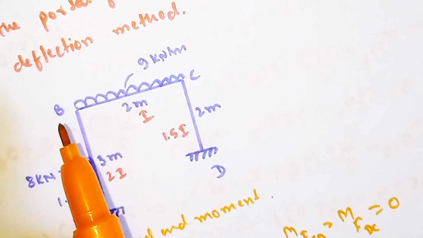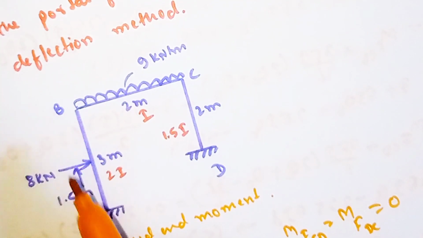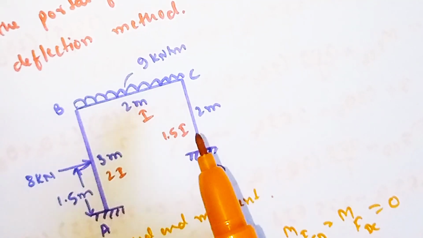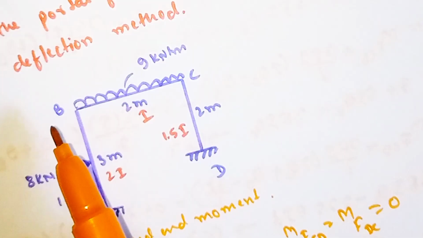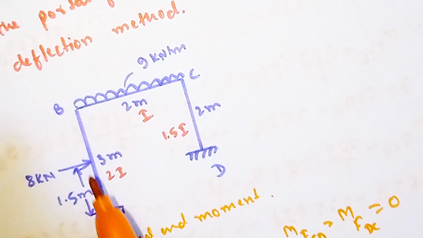For joint B we have the equilibrium condition MBA plus MBC is equal to 0. So we need to take the left side moment and right side moment of the joint.